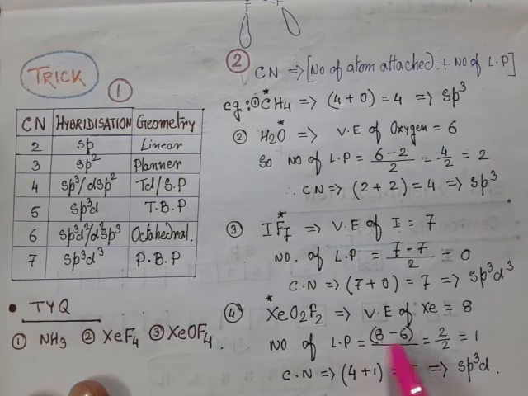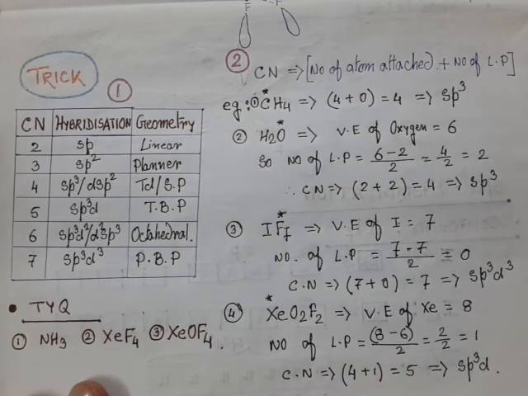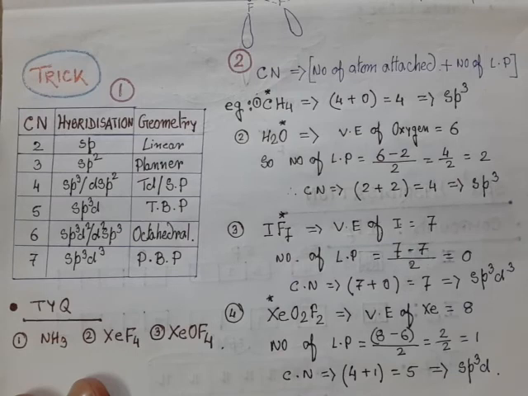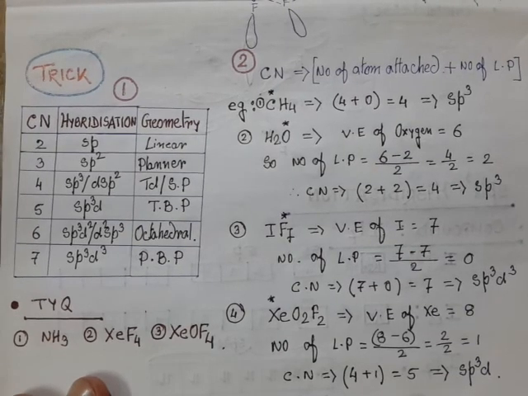So 8 minus 6 by 2, it means 2 by 2, it's 1. So Cn is number of atoms attached, 2 oxygen atoms, 2 fluorine atoms, so 4 atoms plus 1 lone pair, total 5, so definitely hybridization is sp3d.